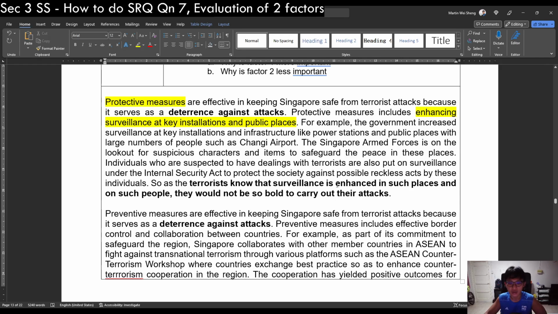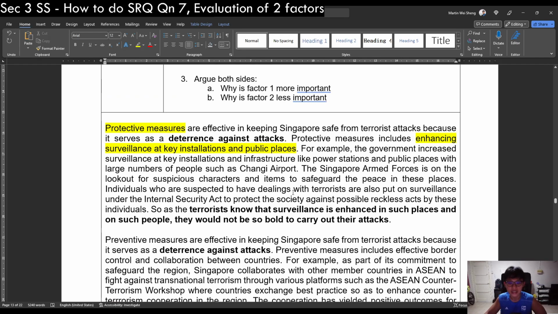So I link back to answer the question on how the government doing all these things actually helps to prevent a terrorist attack. Sorry, not to prevent, helps to protect against a terrorist attack. In other words, when something happens, we have all these things in place to prevent them from carrying out acts of terrorism.